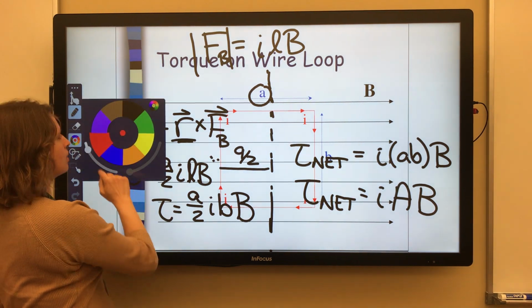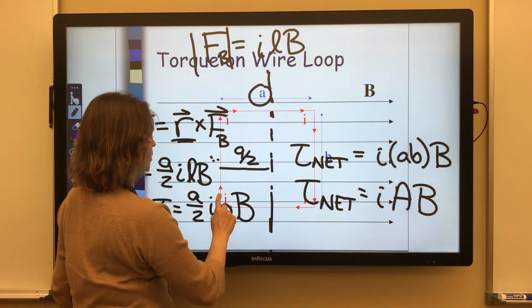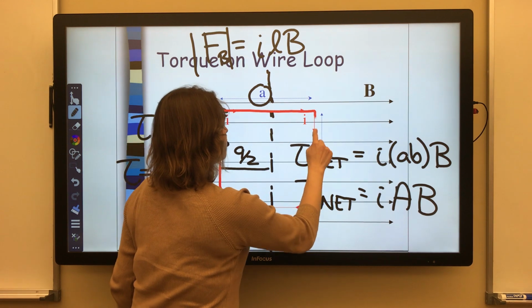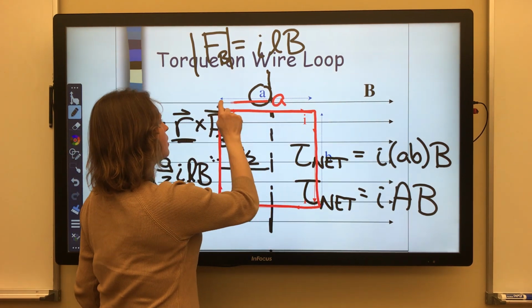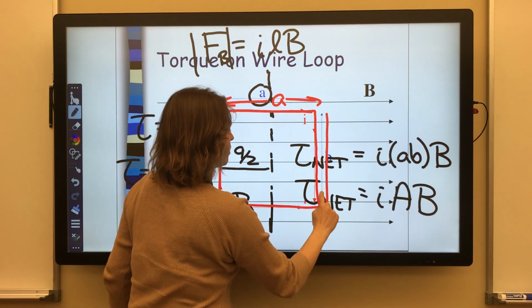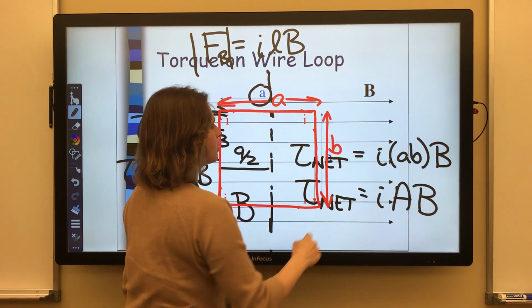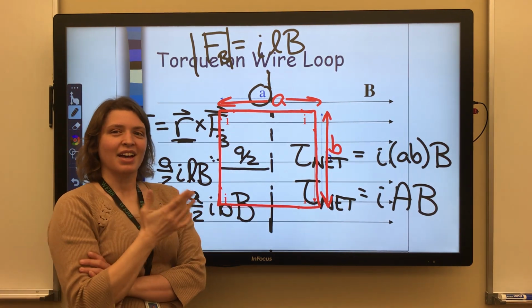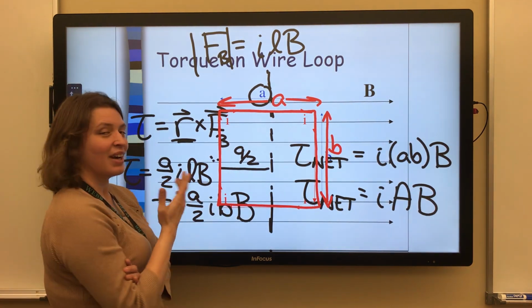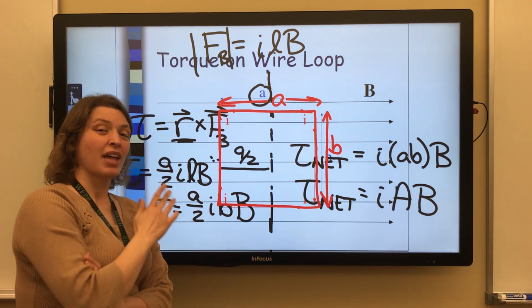Let's see. So here's our loop here. The area of this loop is A multiplied by B. Now, I've shown this for a square loop. It actually happens to work for any type of loop. I'm not going to show that solution though.